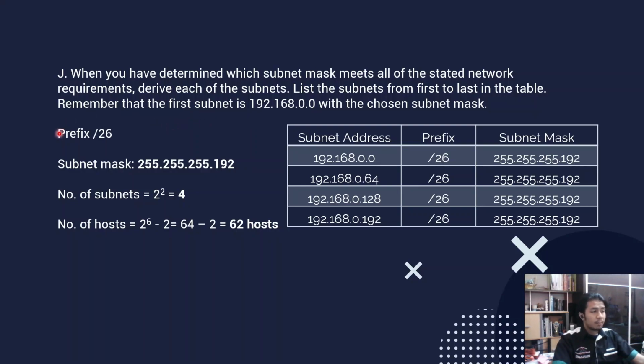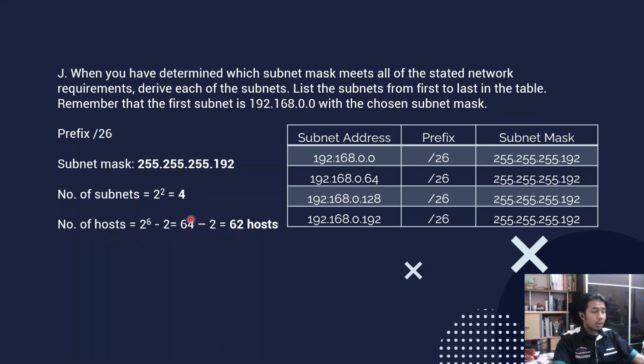So we have chosen prefix 26 because it meets both requirements. So first, the subnet mask would be 255.255.255.192. So we can fill the table with the subnet mask, and the number of hosts for this subnet mask is 64, but the usable is only 62.